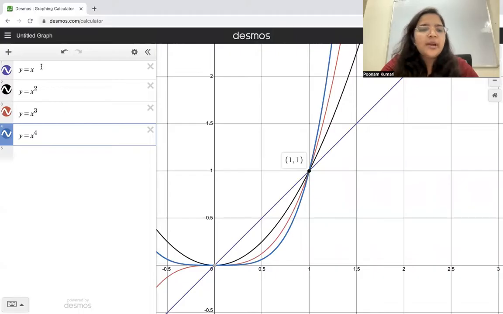So ये जो भी आप अलग अलग तरीके के ग्राफ्स प्लॉट करेंगे, they will all be satisfying this particular point which is 1,1. 1,1 से हमेशा आपका जो ग्राफ है, that will pass through it. ठीक है, so that is one thing.